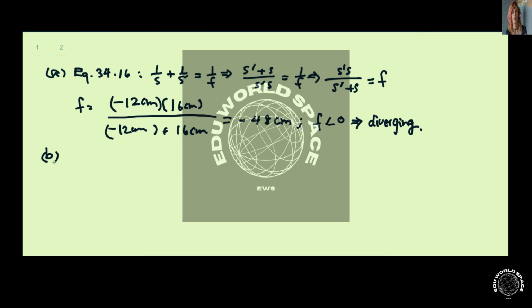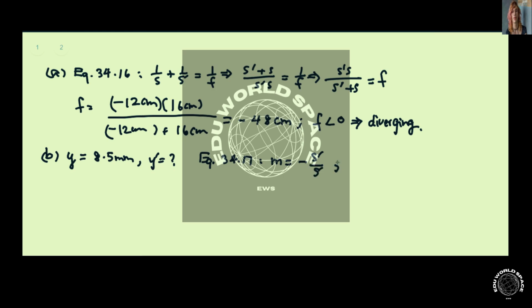Now let's do part B. We're given the height of the object as 8.5 millimeters, and we want to find the height of the image. So let's use equation 34.17, which tells us that the magnification is negative the image distance over the object distance.